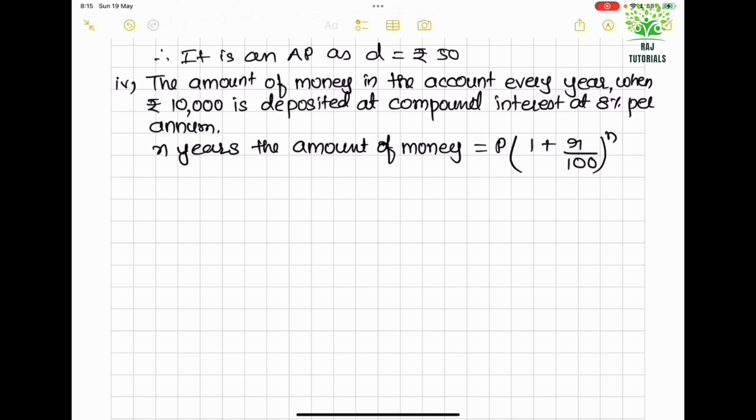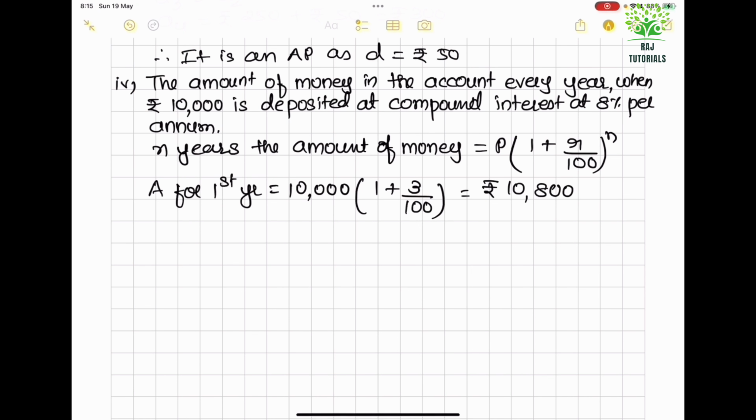Now, see, amount for first year will be 10,000 into 1 plus 8 upon 100. So that will come to 10,800. Now, amount for second year. The amount for the first year will be principal for the second year. So 10,800 plus interest on 10,800. So 10,800 into 1 plus 8 by 100.